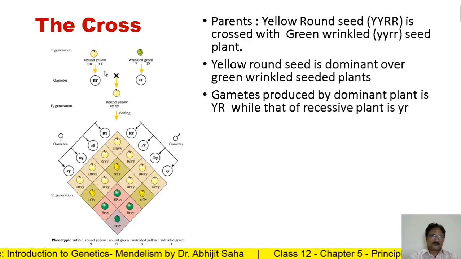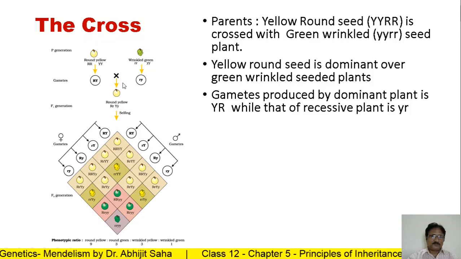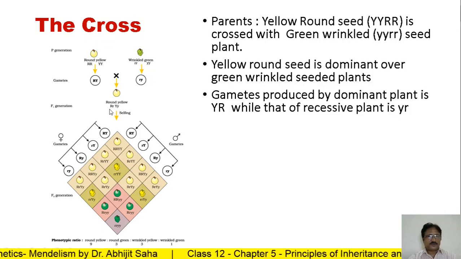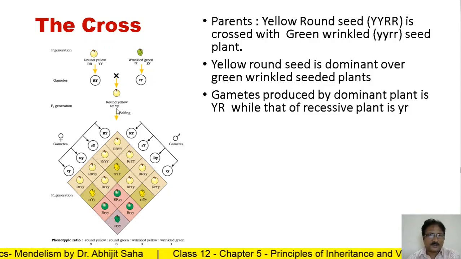From each, now the gametes are formed. Here the gametes will be capital R, capital Y. Here small r, small y. You cross them, and you get capital R, small r, capital Y, small y.